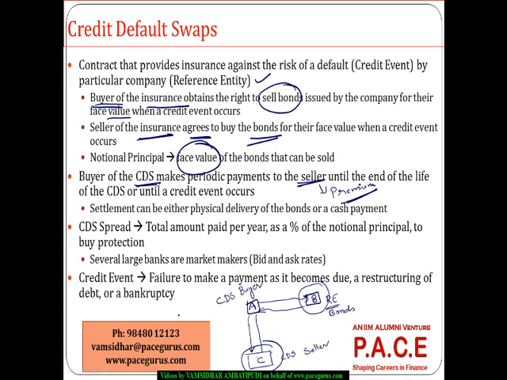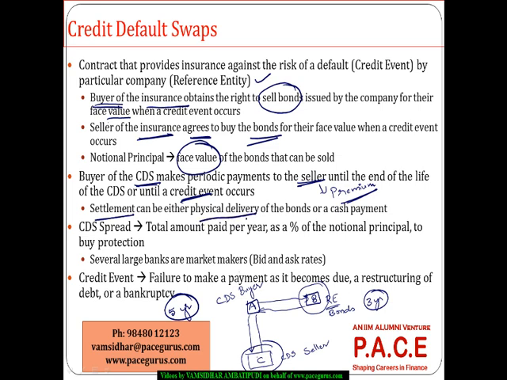If this protection is taken for a 5-year period, then A will be making payments to C for the 5-year period or until the credit event occurs. If B defaults, let's say after 3 years, then in the 4th and 5th years, A need not make a payment to C. And when B has defaulted, C has to make a payment to A. And that is what we are calling settlement.